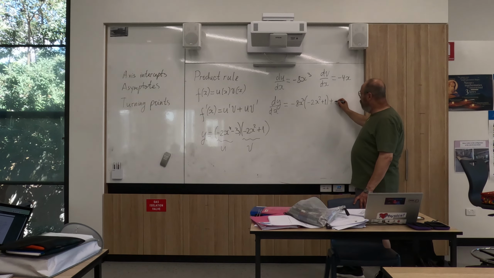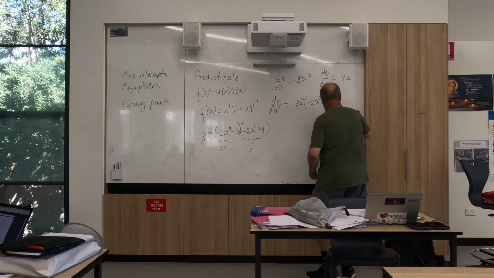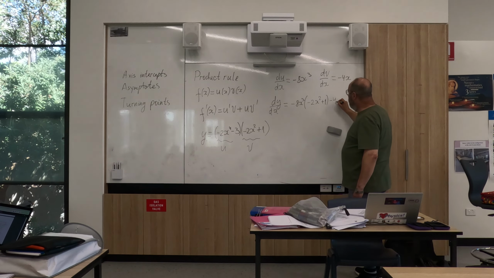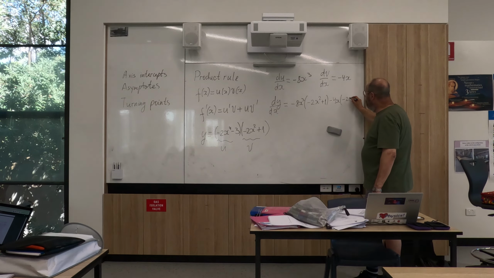The derivative of v is minus 4x, so we change plus to minus 4x, times u, negative 2x to the power of 4 minus 3.